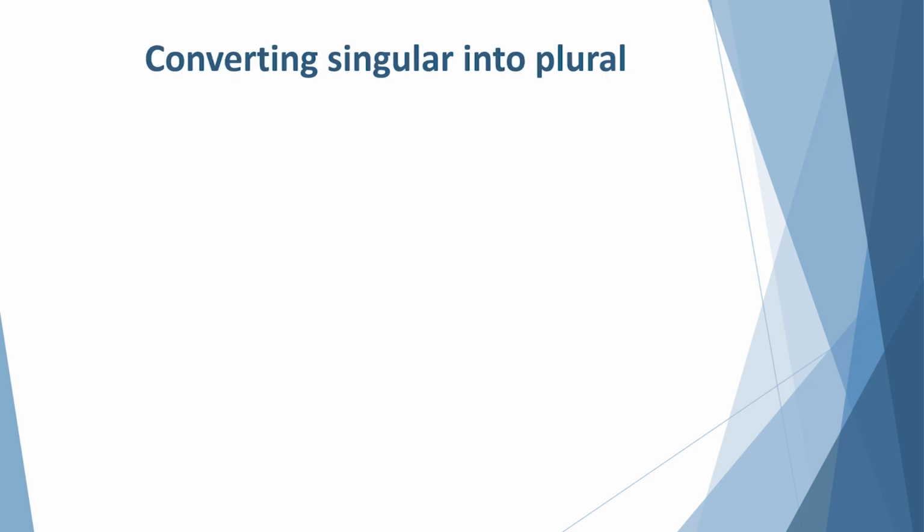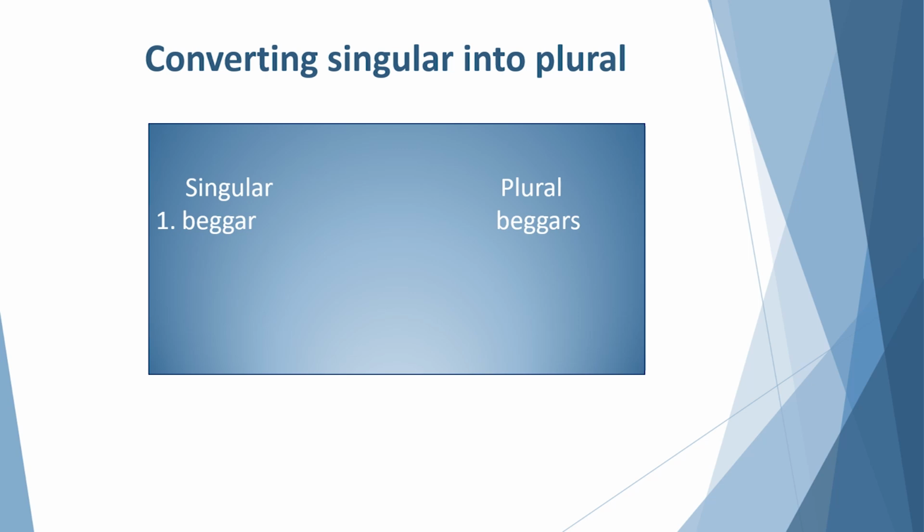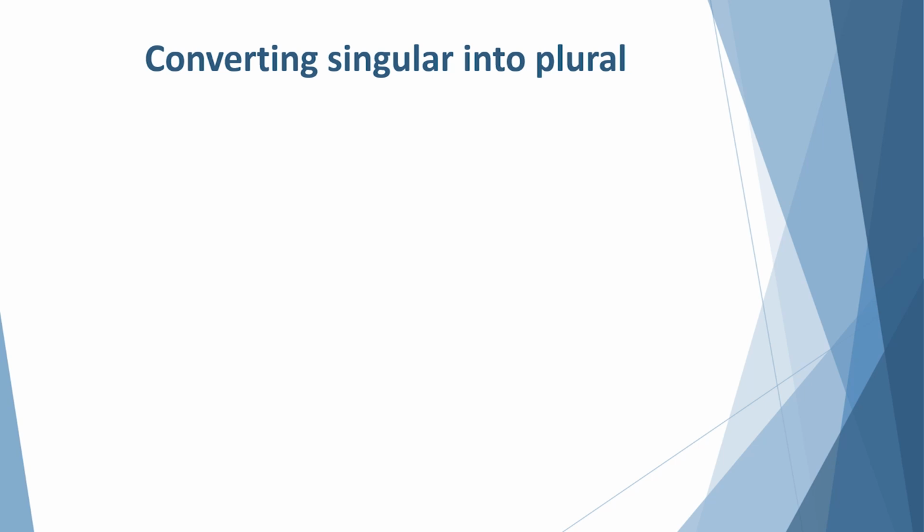Now we'll discuss how we convert singular into plural. Beggar becomes beggars. Nephew becomes nephews. Tailor becomes tailors, and parrot is converted into parrots. Let's have a look at some other words.